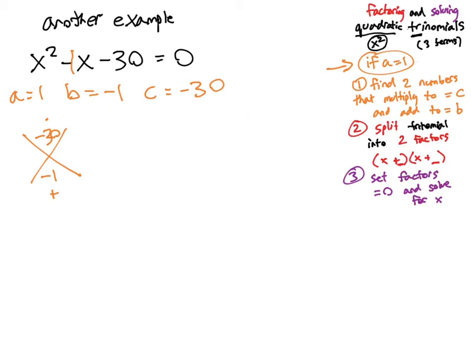So if we're trying to multiply to get a negative number, we know that we're going to need to do a positive number times a negative number. And if the number we get when we add together is still a negative, then that means that the negative factor needs to be bigger than the positive factor.